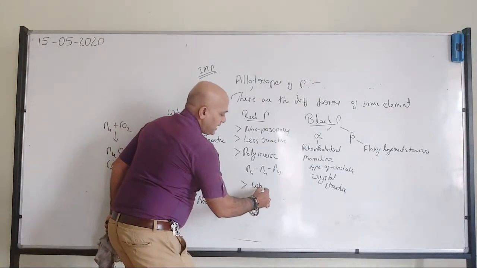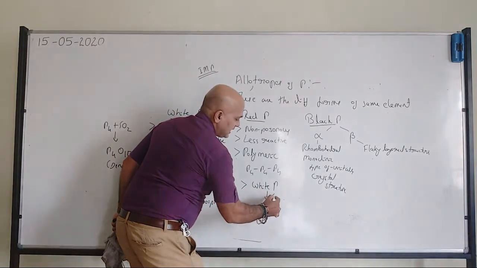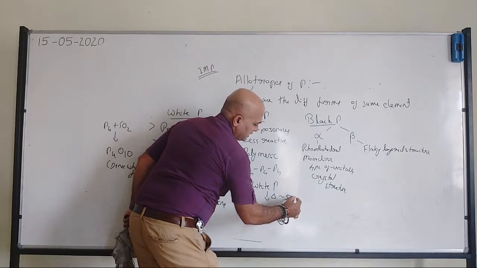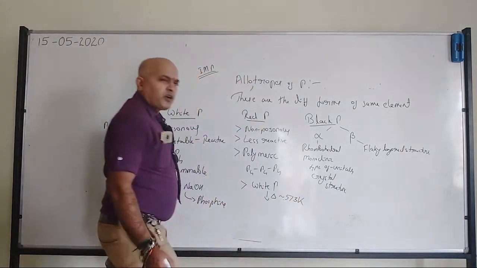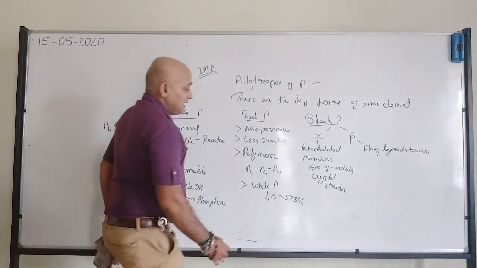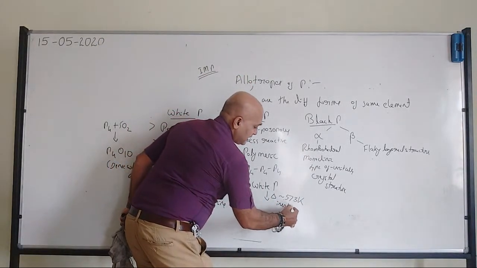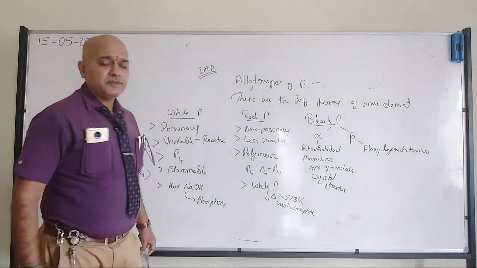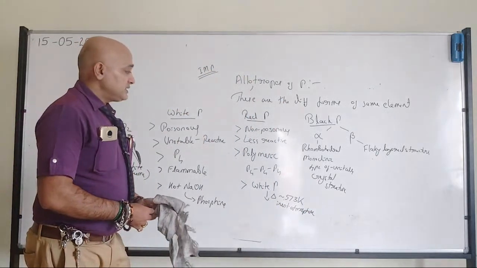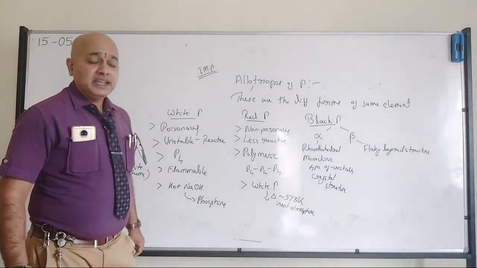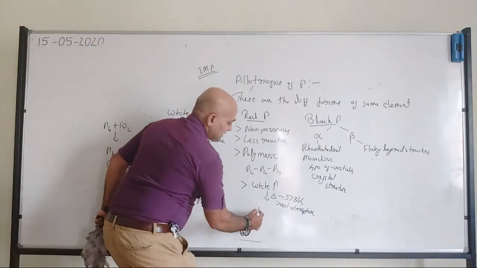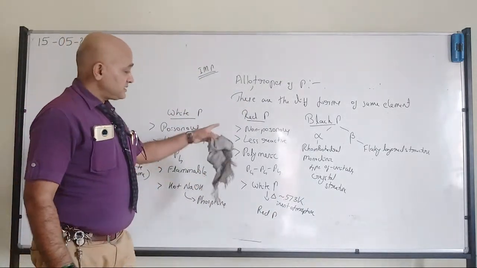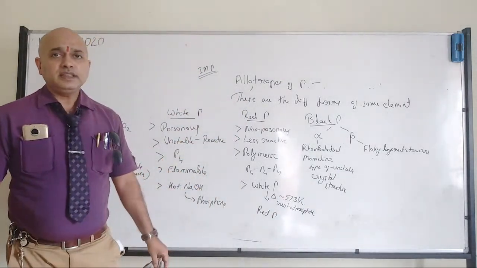Now when white phosphorus is heated to approximately 573 Kelvin in an inert atmosphere, that means there should not be any reactive gas, then there will be formation of red phosphorus. So red phosphorus is derived from white phosphorus only.